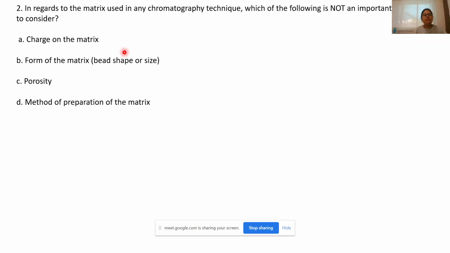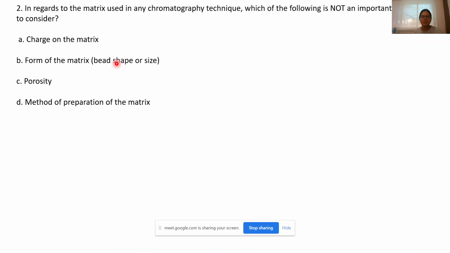Then second is the form of the matrix, which means its bead shape or size. Size is also a very important characteristic because, depending upon the bead shape or size, it will determine whether the compound of your interest passes through the matrix or interacts with it.